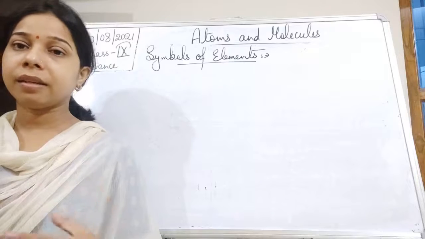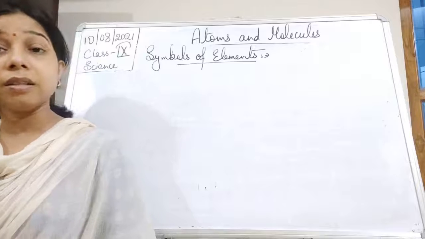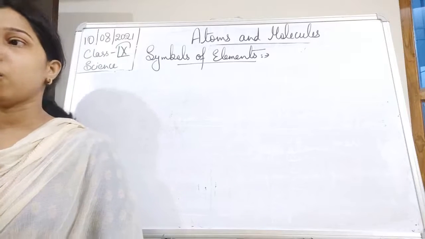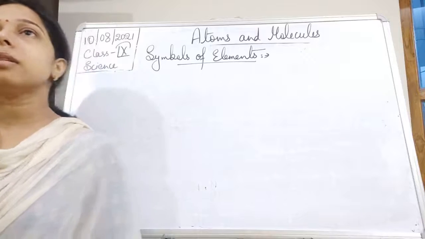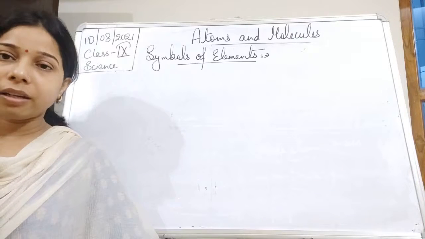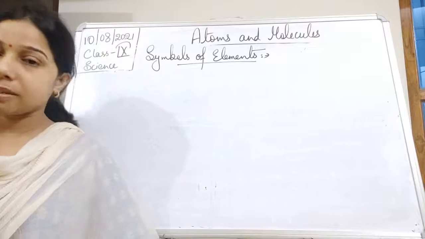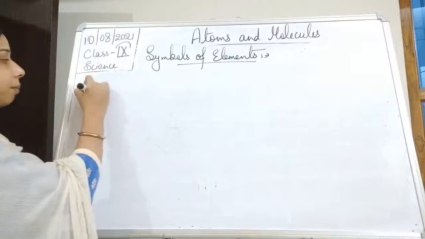Like the road signs and signals, they are also a kind of symbol. A lot of road directions are symbols. So a symbol is a sketch or a kind of letter which is used to represent anything.